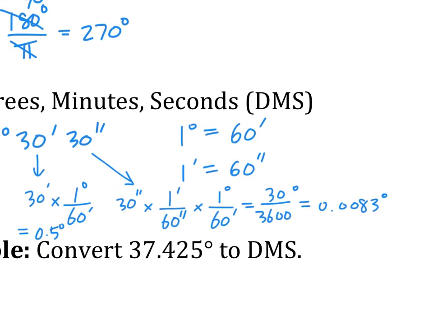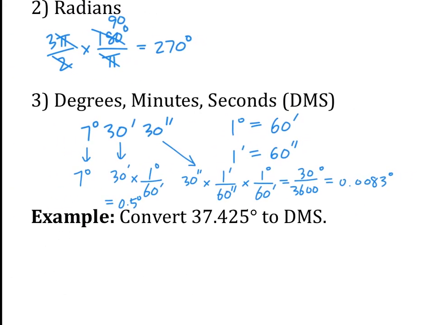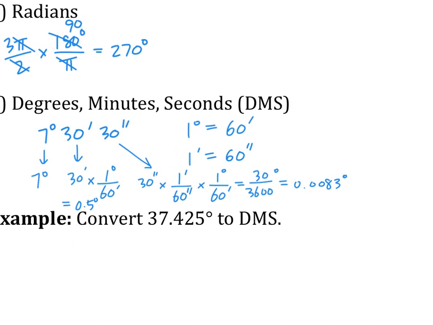So then what we want to do is we're going to take all the degrees and add them together. So we have 7 degrees from the original, 0.5 degrees from the 30 minutes, and then 0.0083 from the 30 seconds. So adding that all together equals 7.5083 degrees.